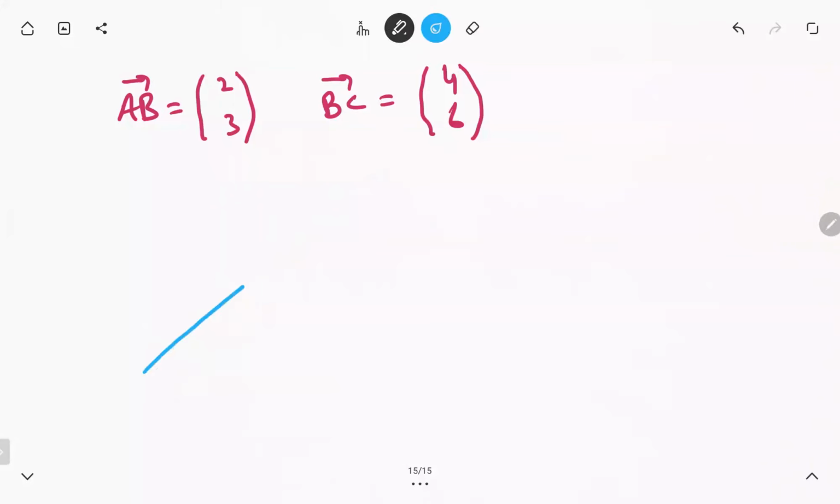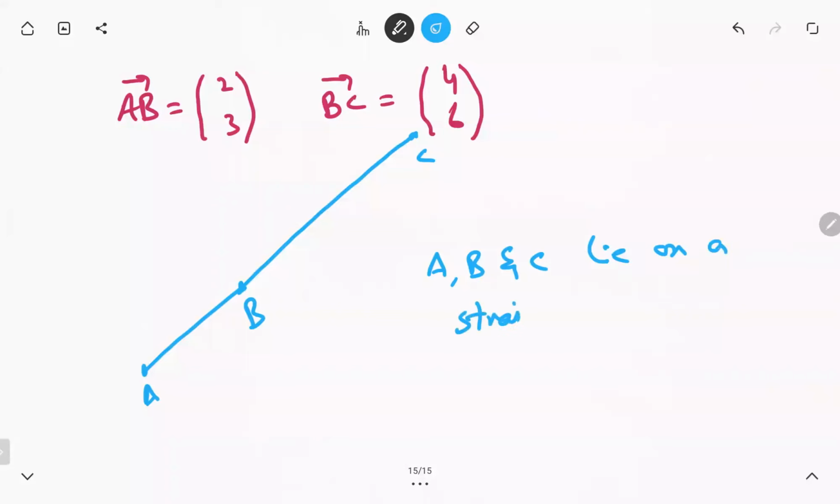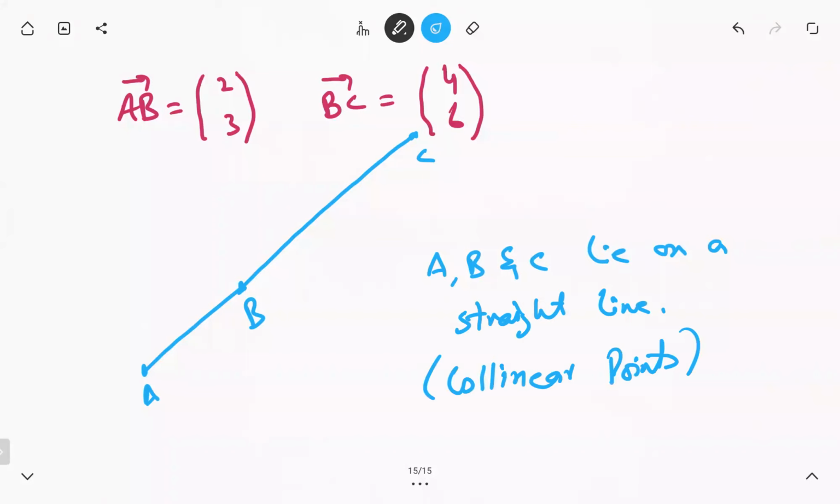A, B and C lie on a straight line, or we can call them collinear points. What are collinear points? All those points which lie on a straight line, they are called collinear points.